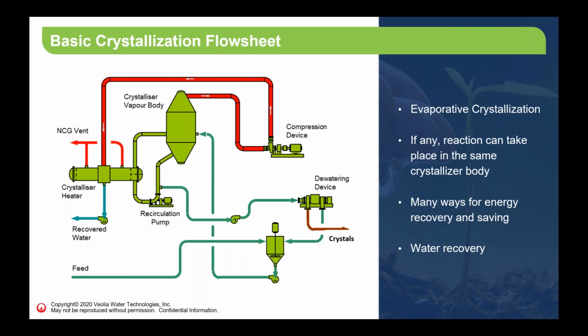The condensed vapors are process condensates, and they leave the system as recovered water that can be used within the fertilizer complex. So basically, the crystallization flow sheet allows us to recover water, but also to recover energy and achieve energy savings.